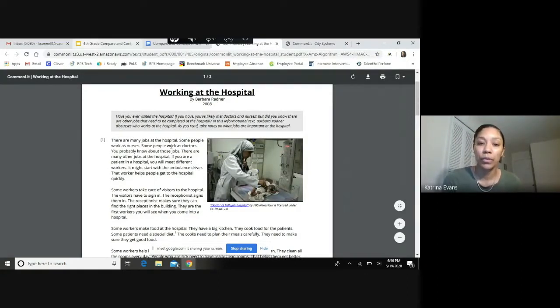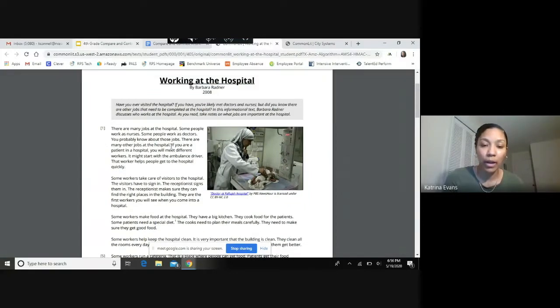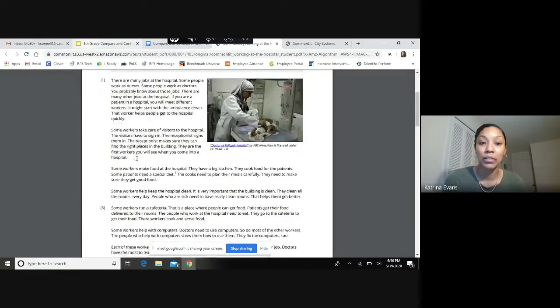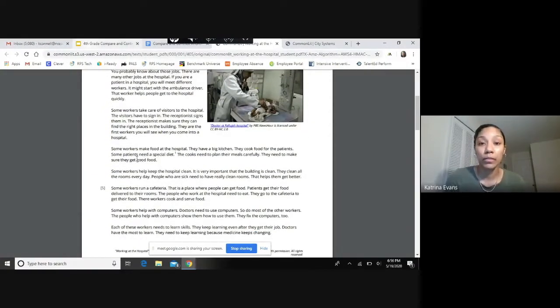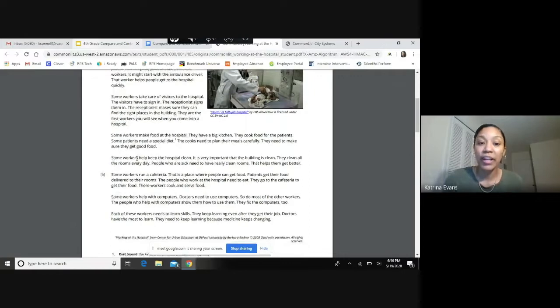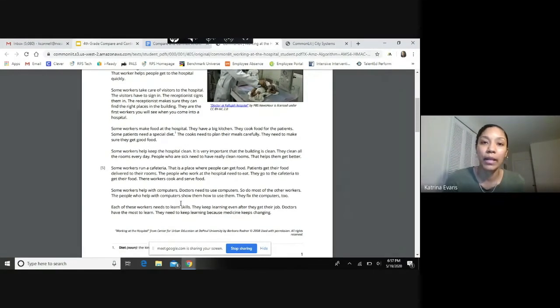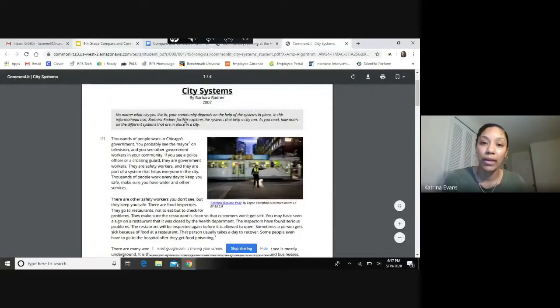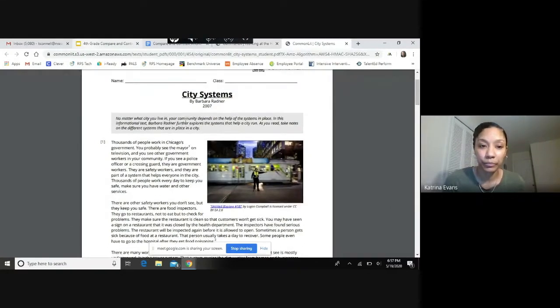When we read Working at the Hospital, there were different people other than the doctors and nurses who helped to ensure that patients got well and were able to go home, such as the receptionist who checks people in, the cafeteria workers, the people who prepare food, the janitors, who keep the hospital clean, and also the IT people, the information technology people that help the computers to stay running. So now, let us compare Working at the Hospital to City Systems.